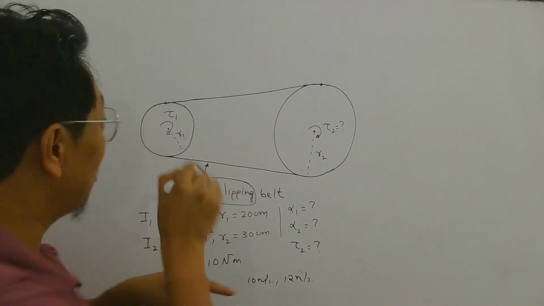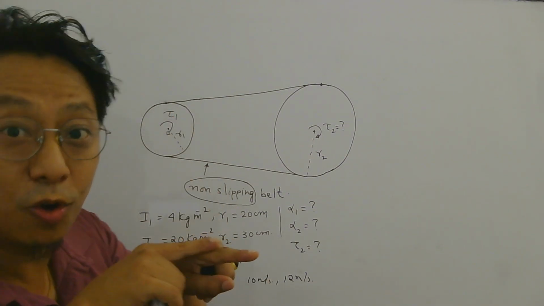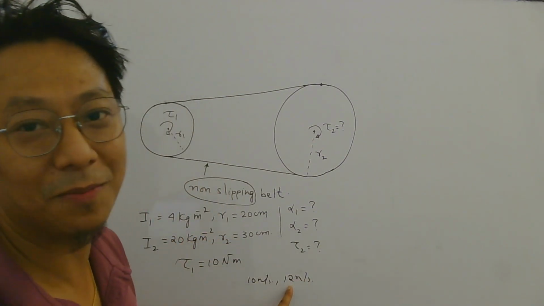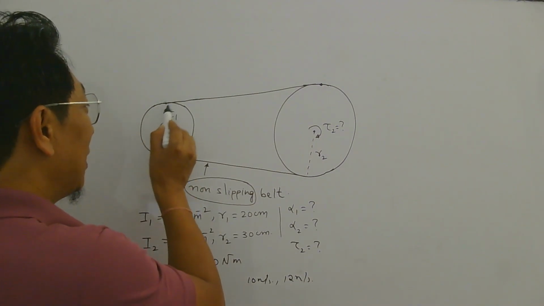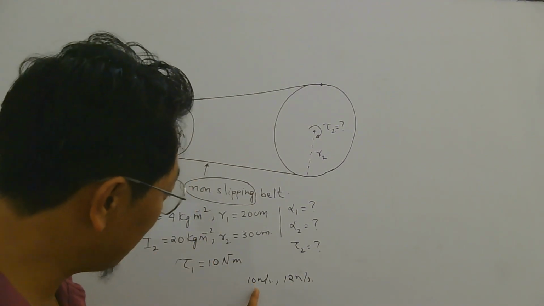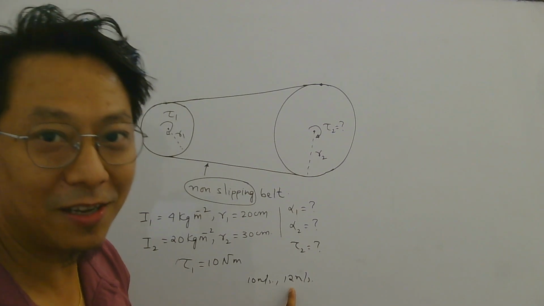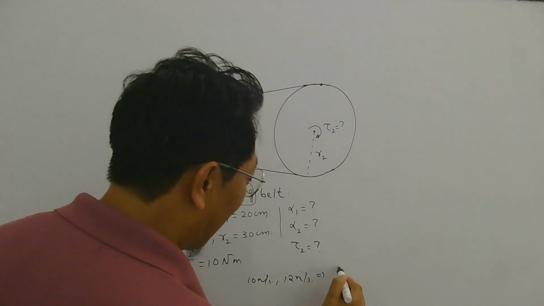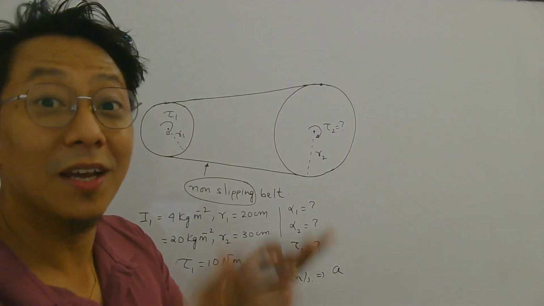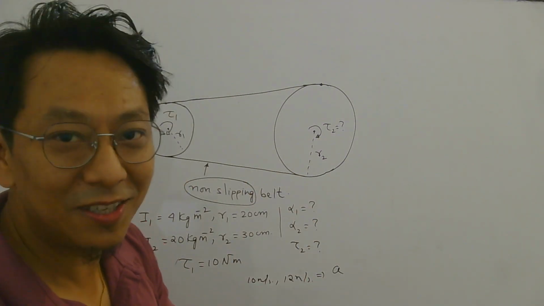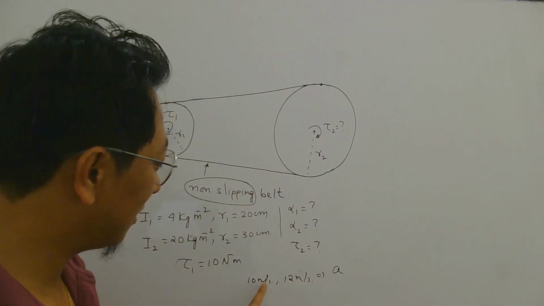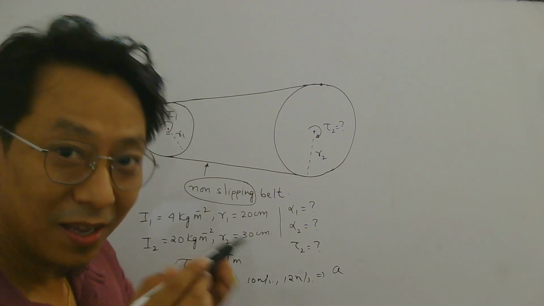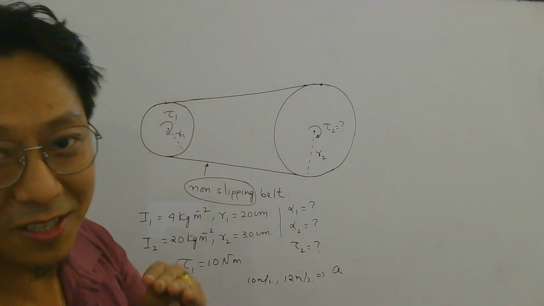So the belt which is in contact here should also have velocity 12 meter per second. So if both the wheel and the belt have the same initial velocity and the same final velocity in a given interval of time, then the acceleration also should be the same for both of them, isn't it? Because acceleration is final velocity minus initial velocity divided by time interval in this direction.